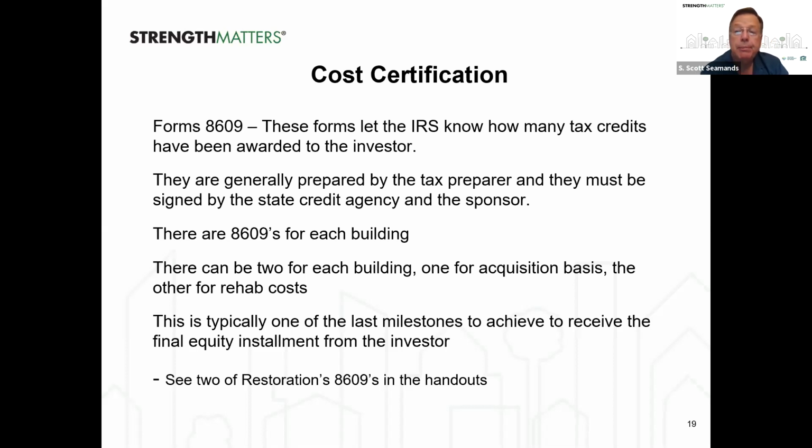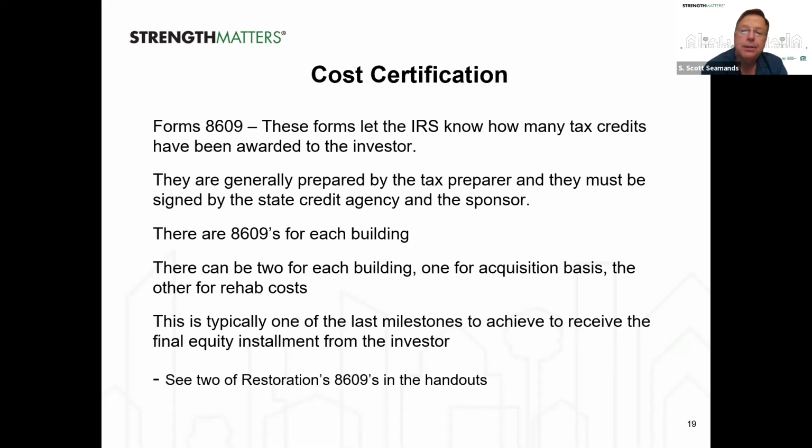Because maybe in order to get additional points in the allocation, you had to promise that some units were going to be targeted at 60%, some would be targeted at 50%, some at 30%, whatever these targets are. You have to identify on your placed in service schedule, typically, which units are meeting which income levels. And that way you're showing your state awarding agency that you've rented it up in conformity with the promises you made at the original outset of construction.